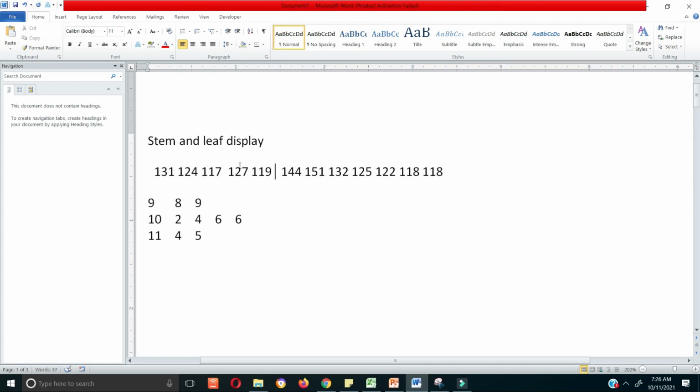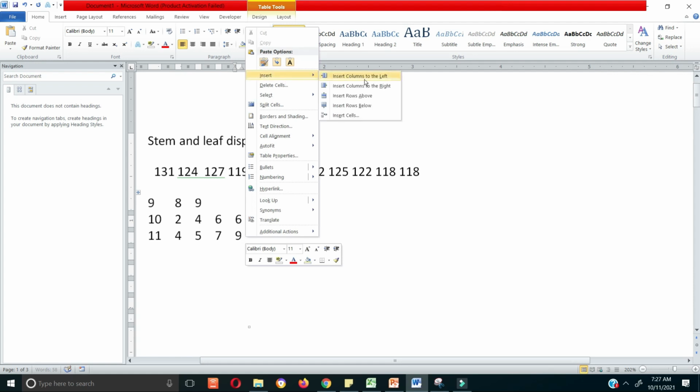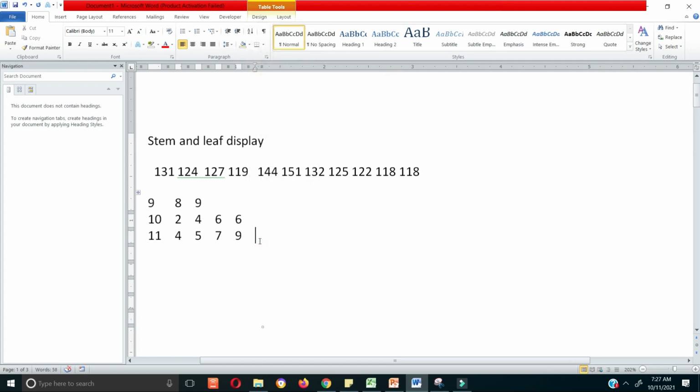We have a 117. Let's get rid of it. We have a 119. This is actually an example from the exercise. We have a 118. Maybe I should have started with the 18s.